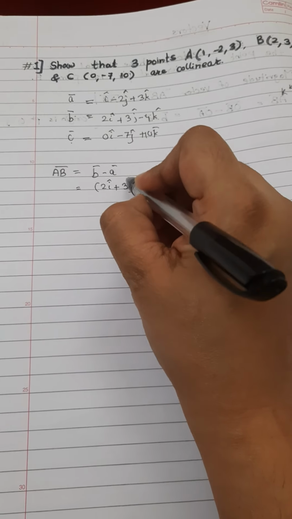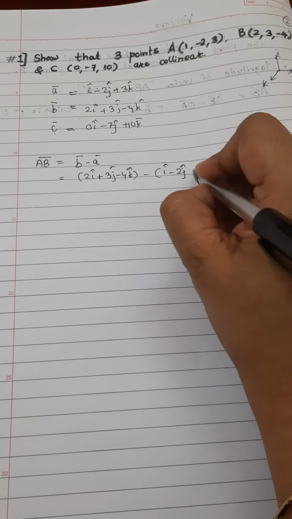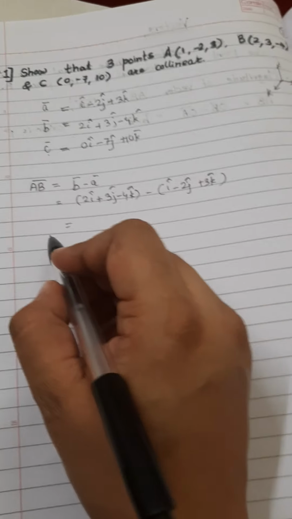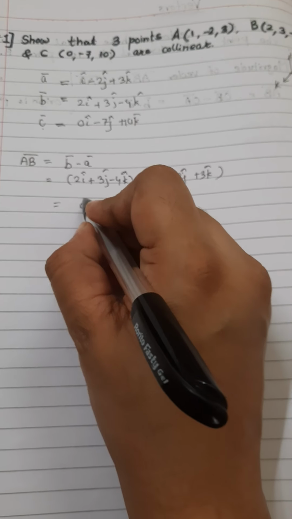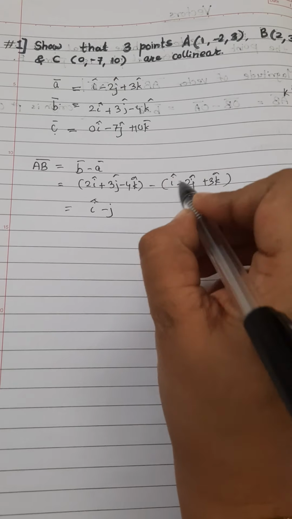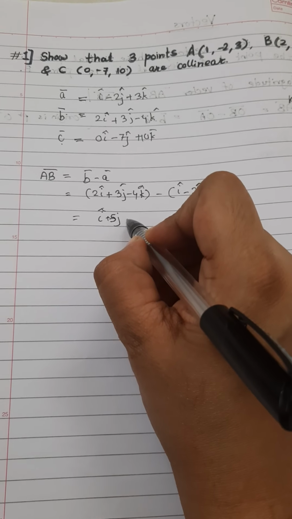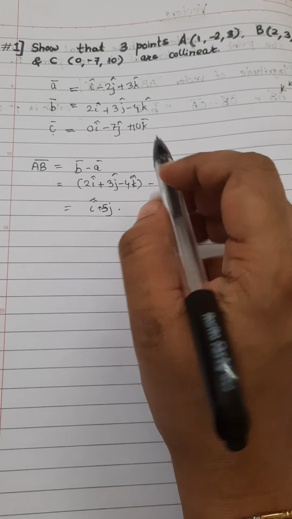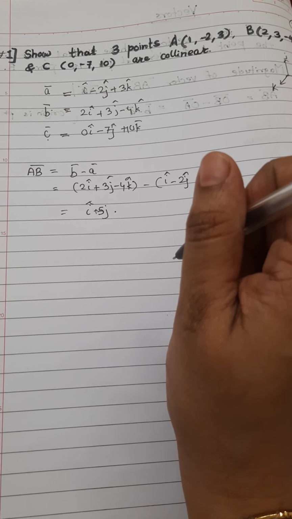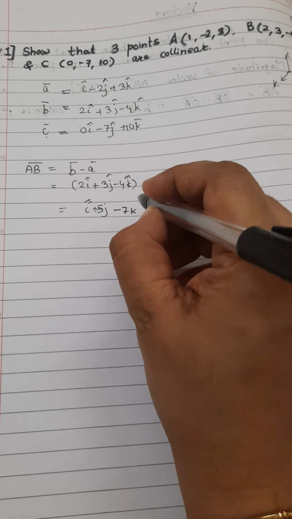Accordingly we will substitute. So we get i bar minus j bar, so this is plus 5j bar, then minus 7k bar.